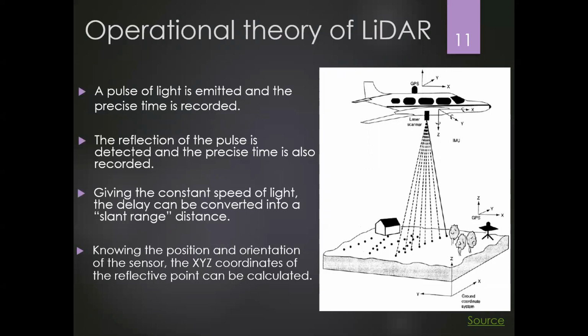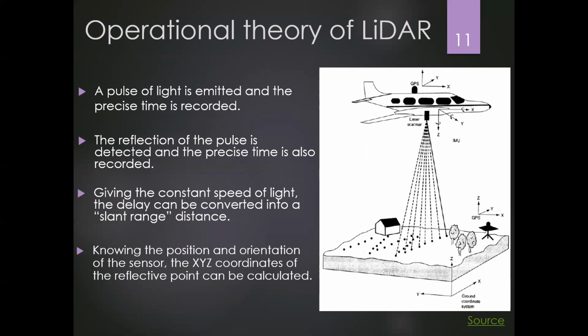Okay. So here is the operational theory of LiDAR. Shooting energy, reflected by the surface, receiving the reflected energy, and calculating the difference of time between shooting and receiving, right? And we can convert that time to distance. I'll give you the formula later.